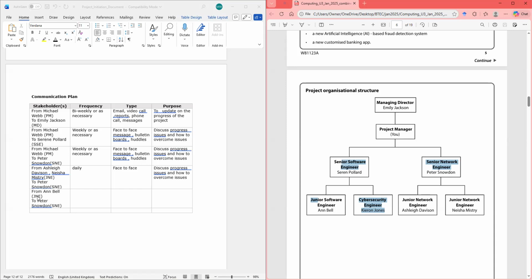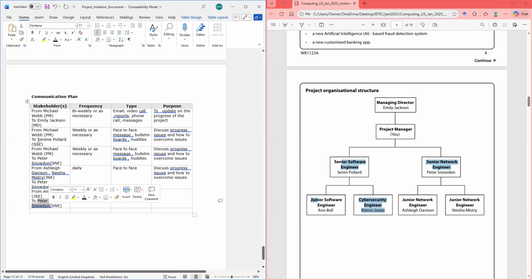So Anbel, which is a junior software engineer, would communicate with Serene Pollard. All right. And this also is daily.